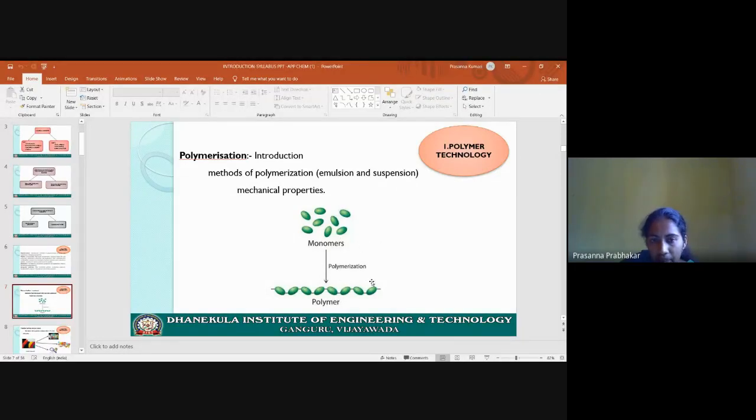In this topic we discuss what a monomer and a polymer are, how polymers form from monomers, how many types of polymers are classified based on monomer units, and polymerization techniques like emulsion and suspension, with examples of each. All that we will discuss completely in next classes. This is polymerization.